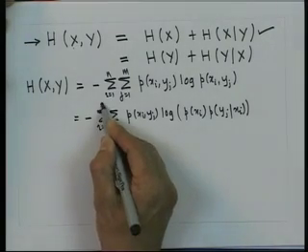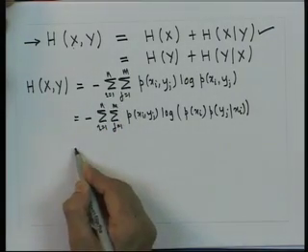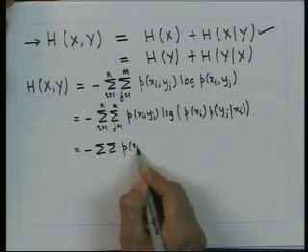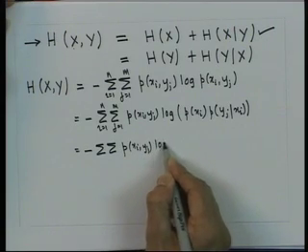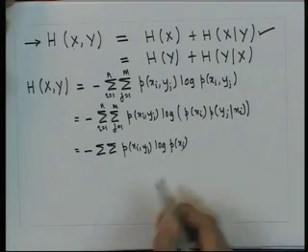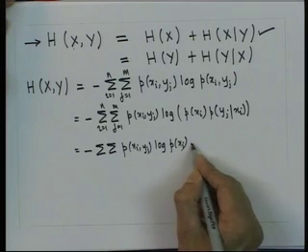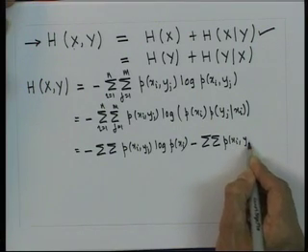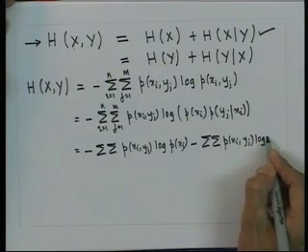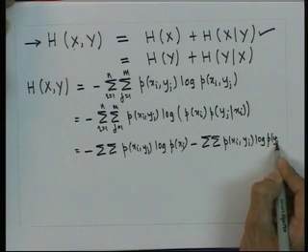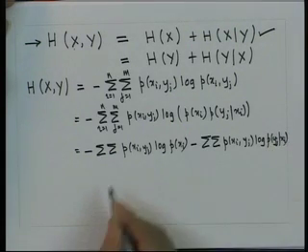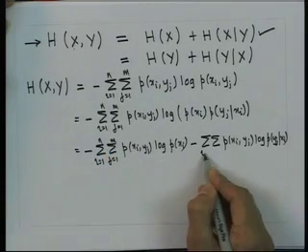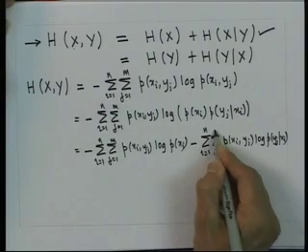So, i is equal to 1 to n, j is equal to 1 to m, and this I can simplify as probability of xi yj log of p of xi, minus the double summation of probability of xi yj log of probability of yj given xi, i is equal to 1 to n, j is equal to 1 to m, and similarly out here.